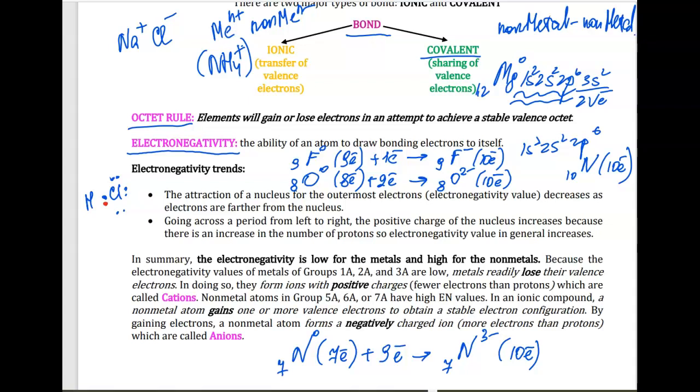And you can see here I drew a formula which shows us that if we have a compound out of hydrogen and chlorine, the sharing electrons here will be closer to chlorine. Why?